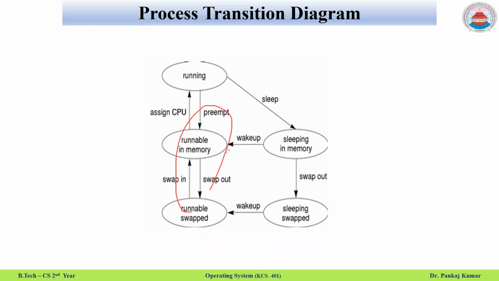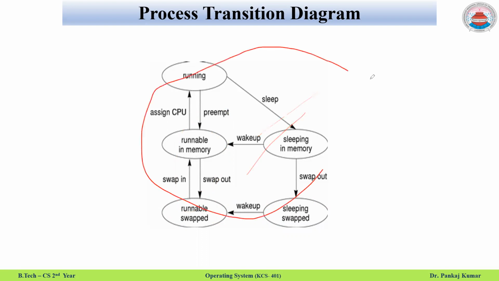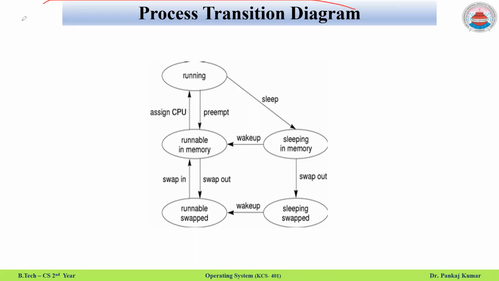Clear? Then this activity is called the process transition diagram. Transition diagram means we are just talking about the transition phase, where the processor is executing a process, and during the execution or running, if anything happens or any type of status is changed, then it is called the process transition diagram.